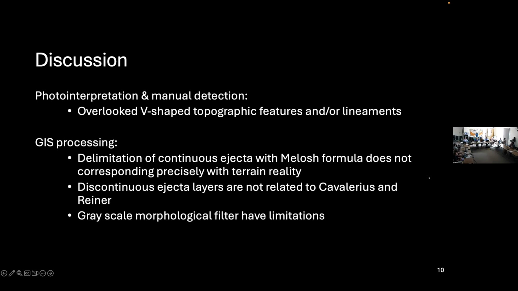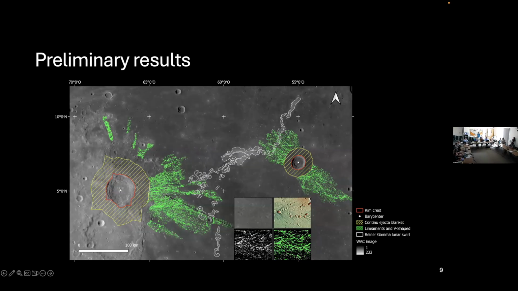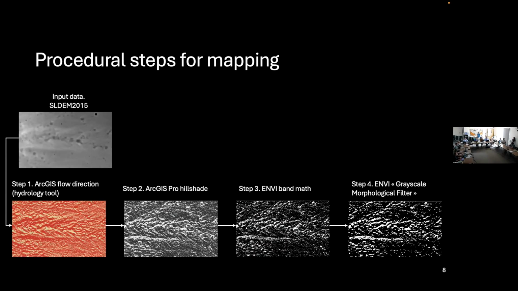Hi, good job. I have a quick question on the processing. You mentioned how the grayscale can have limitations. Do you have any ideas on how to maybe remedy that? Sorry, can you repeat, please? Yeah, you mentioned that the grayscale can have some limitations. Do you have any ideas on how to get around that problem? I don't have any ideas.